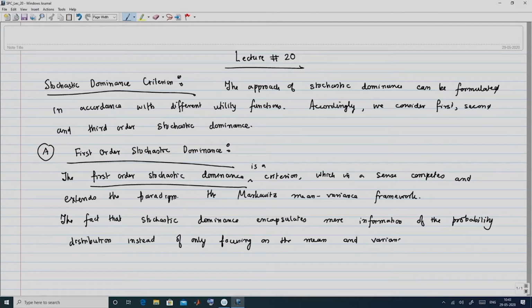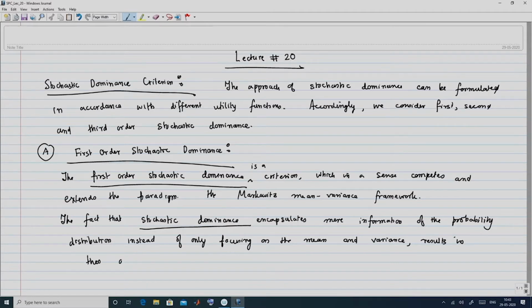So, instead of just being restricted to mean and variance, stochastic dominance also focuses on capturing more information about the probability distribution. All right.